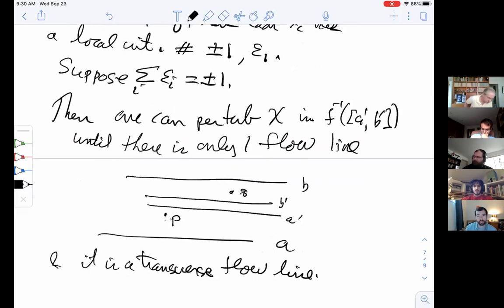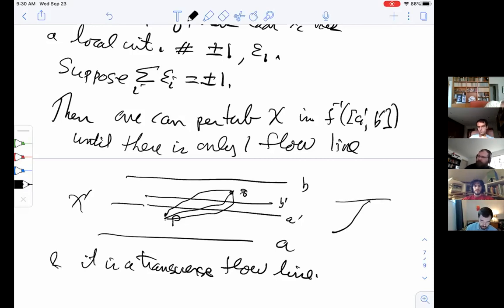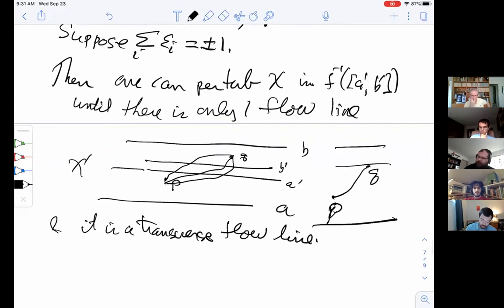Okay, so we had several flow lines. We're going to monkey with the gradient field here. We're going to change it to some chi prime so that these flow lines disappear in pairs, and you end up afterwards with only one flow line from P to Q. So you cancel the flow lines in pairs, a plus flow line against a minus flow line, and you end up with a single one. You cancel all the flow lines except one, and it's still a transverse flow line, and then you're in this situation.